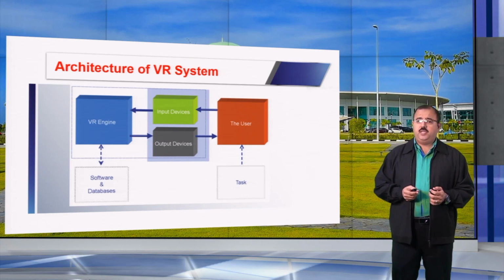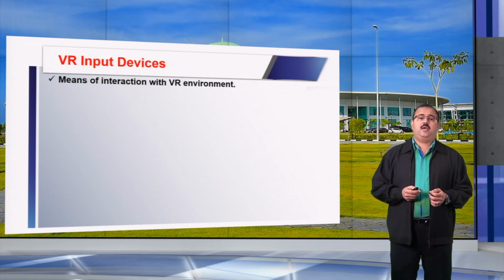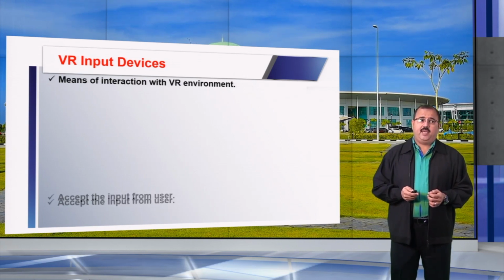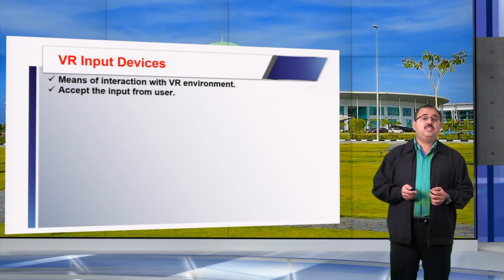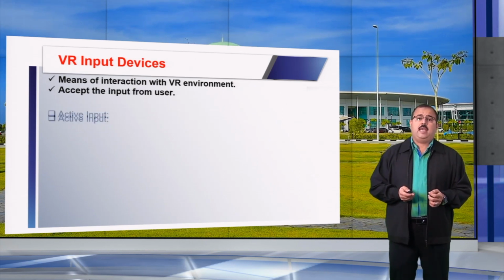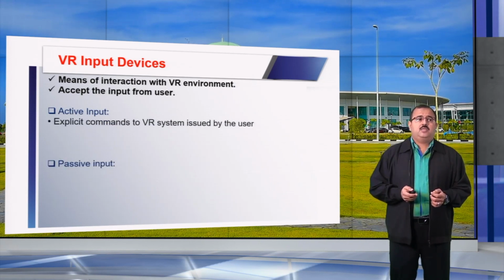The first stage of any virtual reality system is the input device stage. The virtual reality input device can be used to interact with the virtual environment and accept the input from the user. We have two different types of input: active input and passive input.